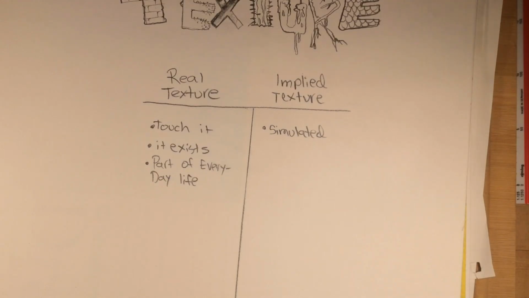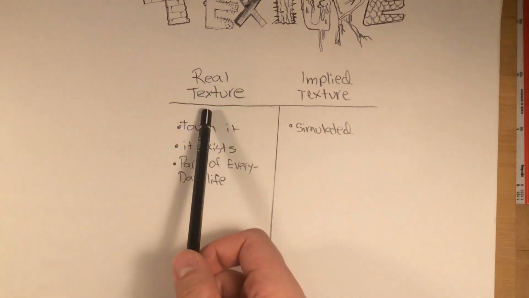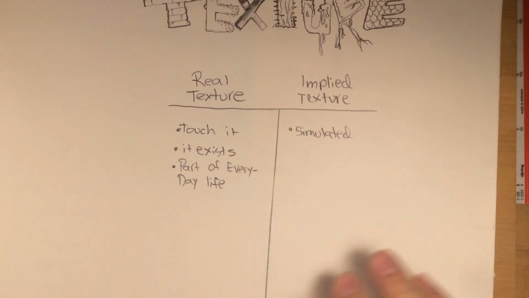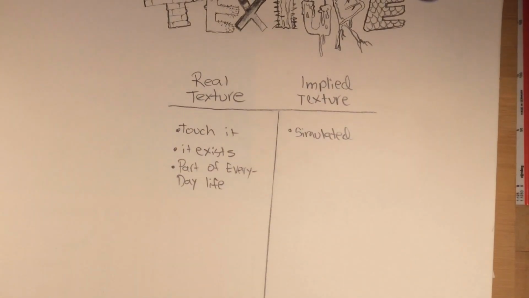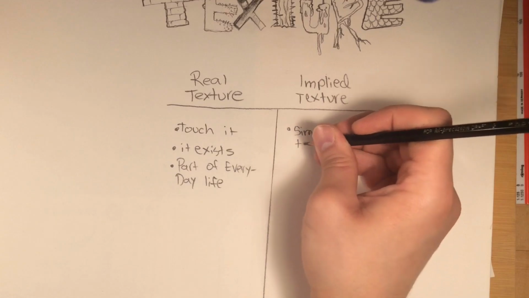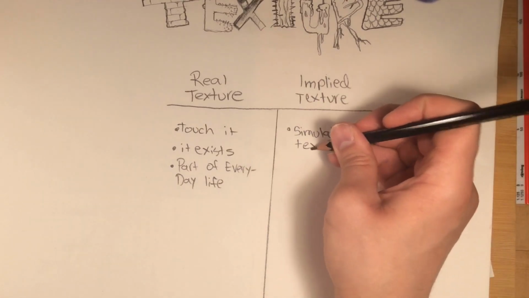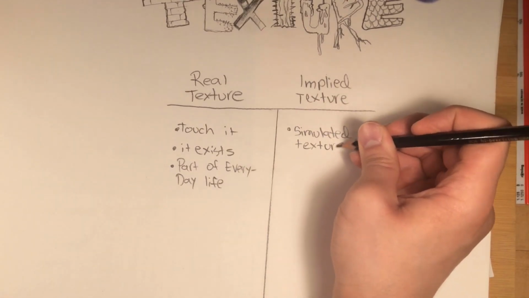So I can feel the texture of that painting. That's like a real texture. But when we're working on a smooth piece of paper and we can't create an actual physical texture that people are going to touch, we have to simulate it. So that's an implied texture, or a simulated texture.